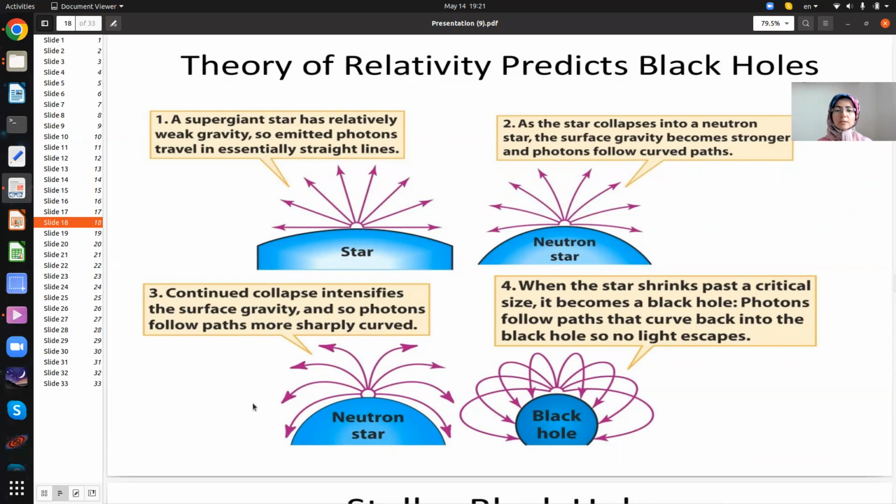Continued collapse intensifies the surface gravity, and so photons follow more sharply curved paths. When the star shrinks past the critical size, it becomes a black hole. Photons follow paths that curve back into the black hole, so no light escapes.